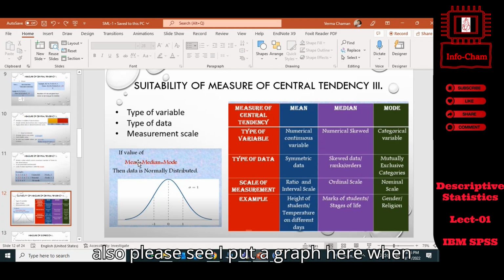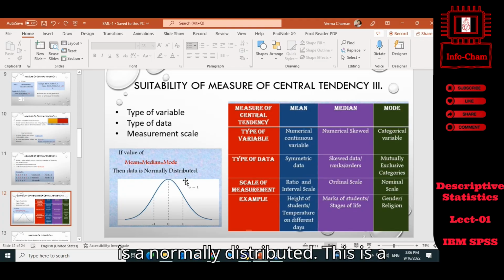And also please see, I put a graph here. When mean, median and mode are equal, then your data is normally distributed. This is a normal distribution. Can you see this angle? So practically it is a bell-shaped curve. It can be left, it can be right. It is left skewed or right skewed.